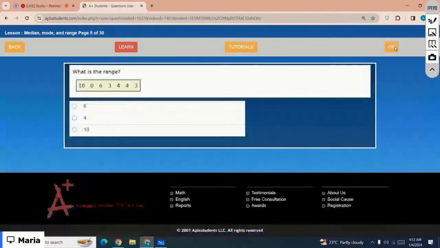What is the range of the given data? Which is the correct option? Which is the range?